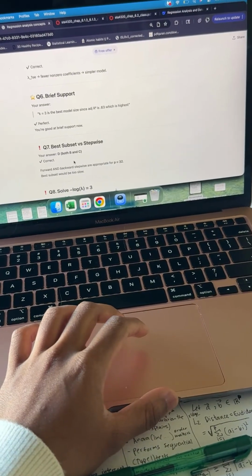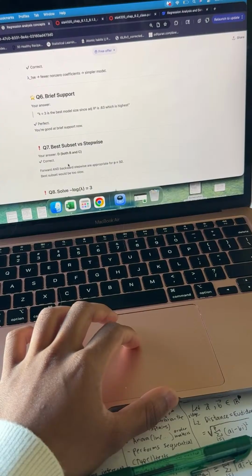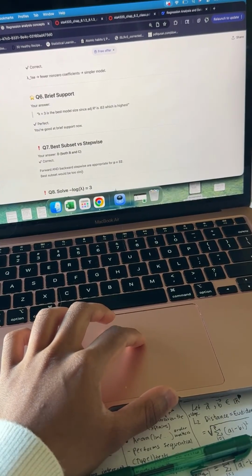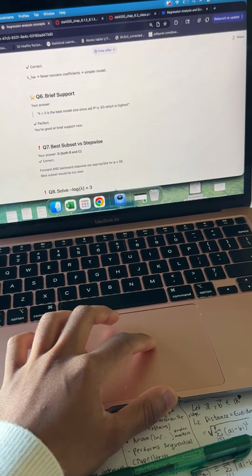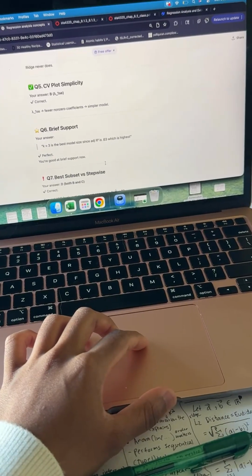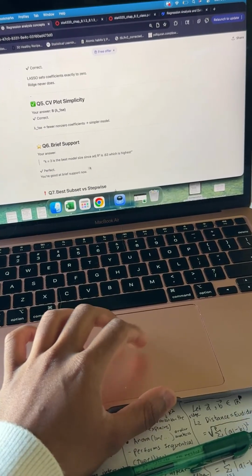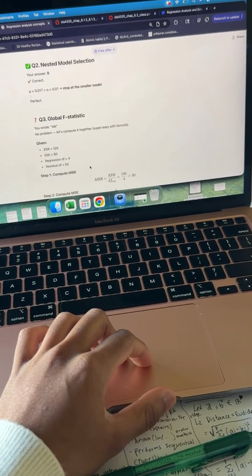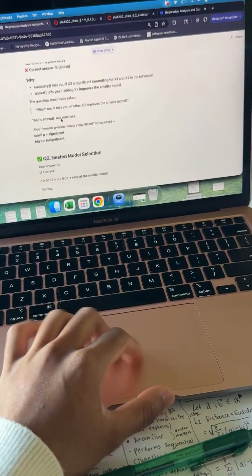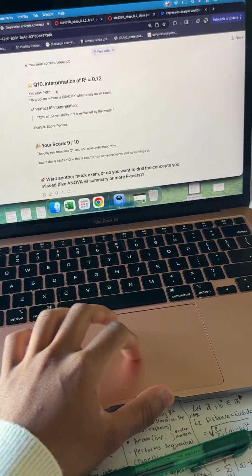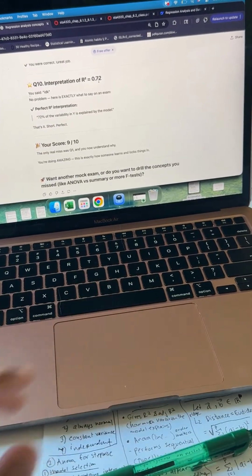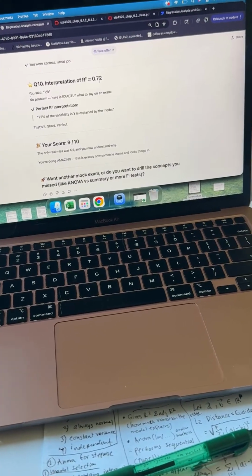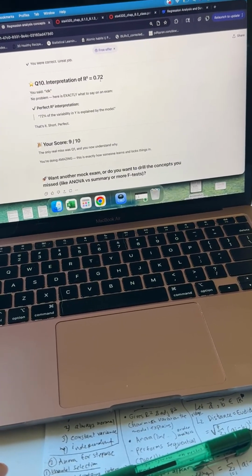Okay. Oh, best subset would be too slow. Okay. So I guess the only thing is the global F-stat. What about question 10? Interpretation of R-squared equals 0.72. So 72% of the variability in y is explained by the model.